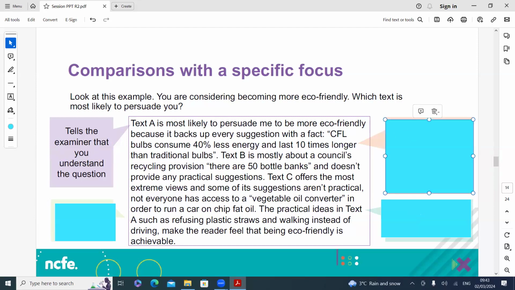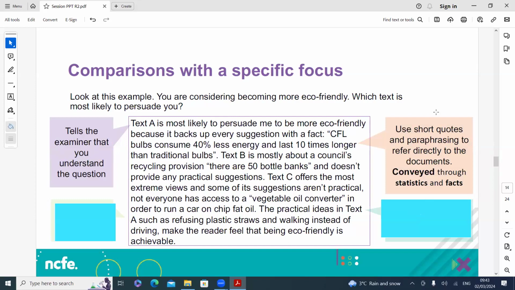Okay. So again, we've got short quotes and paraphrasing, referring to the documents, and the documents are named, as we've looked at, to make sure the examiner knows which one you're referring to. And we've got statistics and facts included here as well.